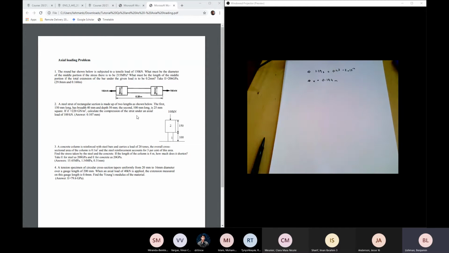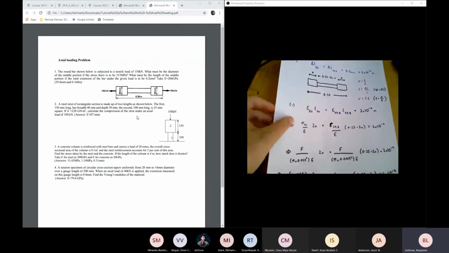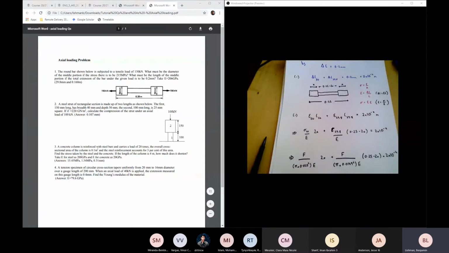So let's just go back and check. I think I see the mistake. Yeah, go for it, Ragat. So the radius, it should be 0.125, not 0.025. 50 millimeters is 0.05 meters, I think.